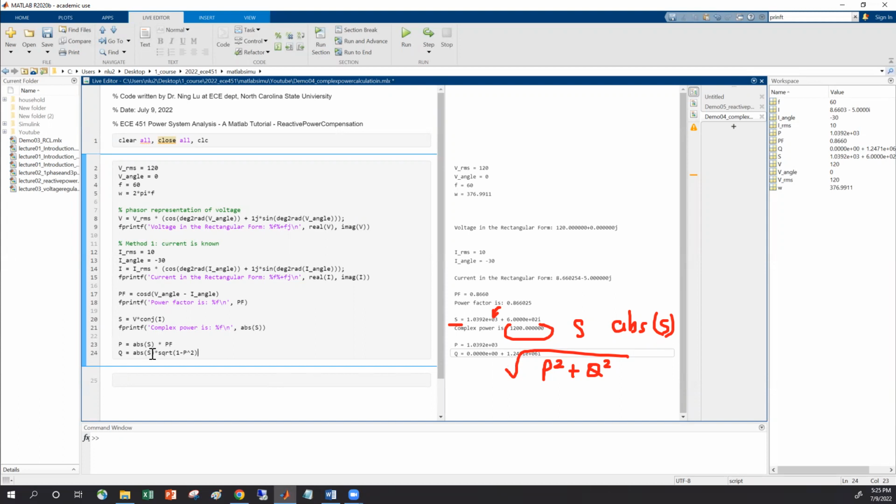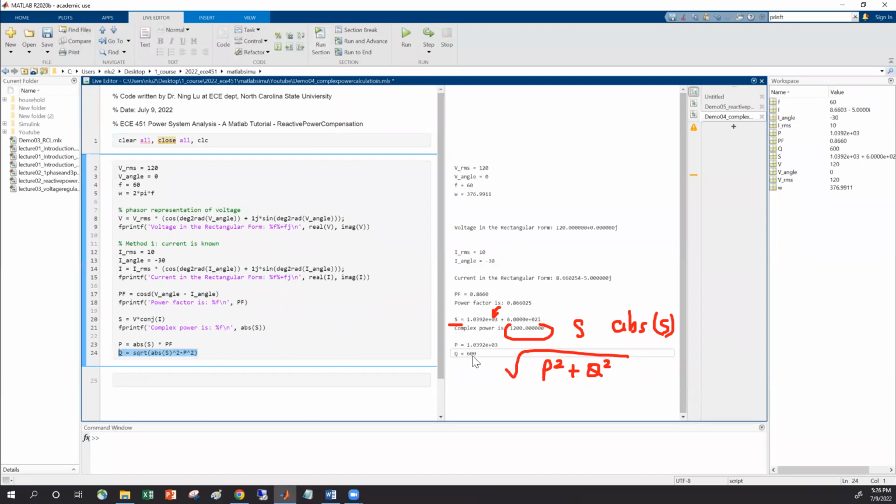Let me see where I must have made a mistake here. Oh, sorry about that. It should be SQRT of 1 minus P, this should be ABS S square. That's that. So this is how we compute the reactive power.